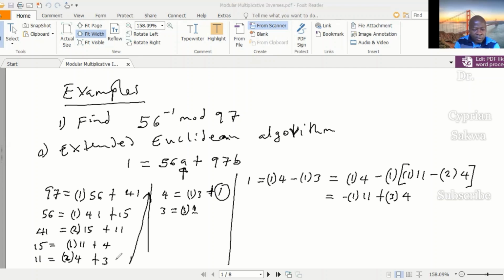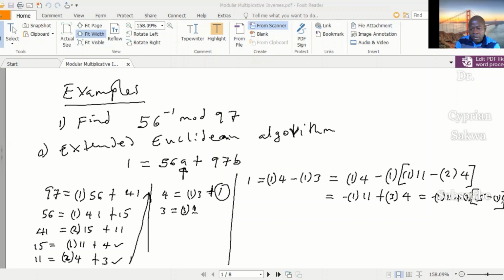Now, let's substitute 4. We've already substituted this, so let's now substitute this. What is 4? 4 is 15 minus 1 times 11. This will be negative 1 times 11 plus 3, but instead of 4, you're writing 15 minus 1 multiplied by 11.